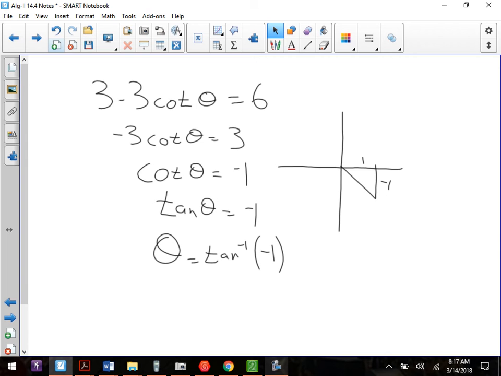But remember, our parameters are always between 0 and 2 pi. So I can't say -45. I have to use it as, this is my reference angle of 45. If I come around, I'm off of the 2 pi by a quarter. So what's 1/4 less than 2?